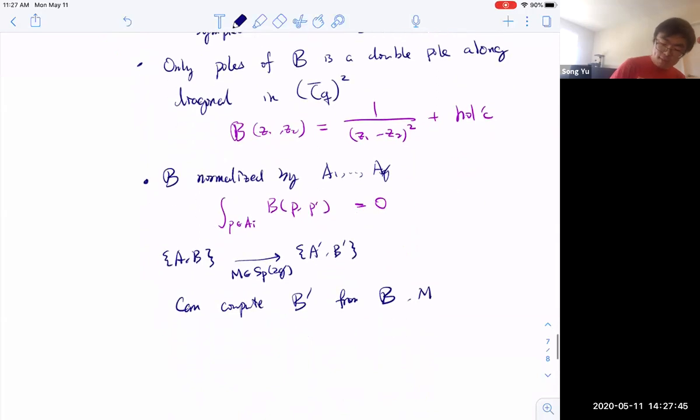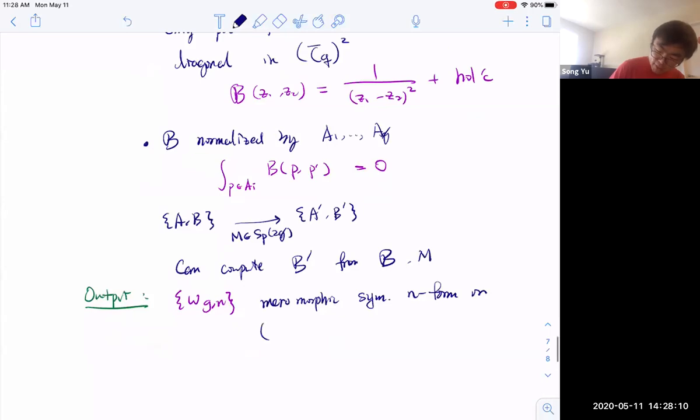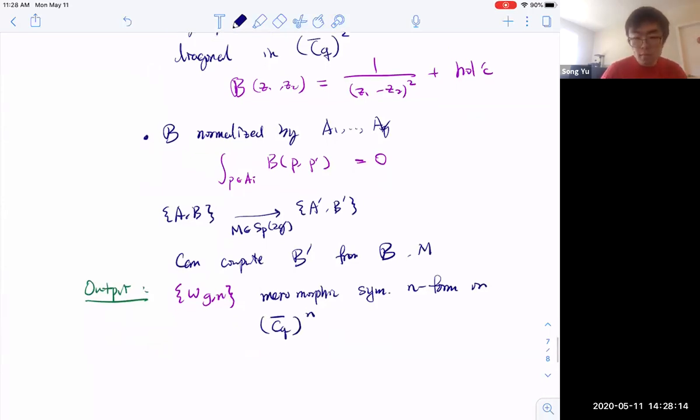And just from this input data, the topological recursion process will produce the forms omega G,n. This is a meromorphic symmetric n-form on the n-fold product of the mirror curve.